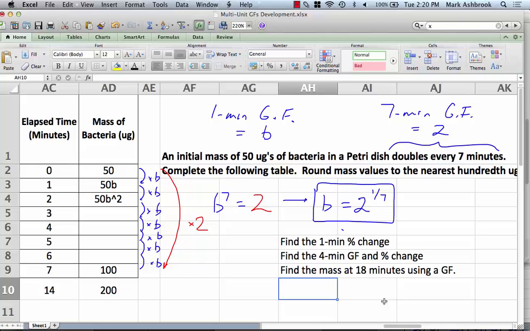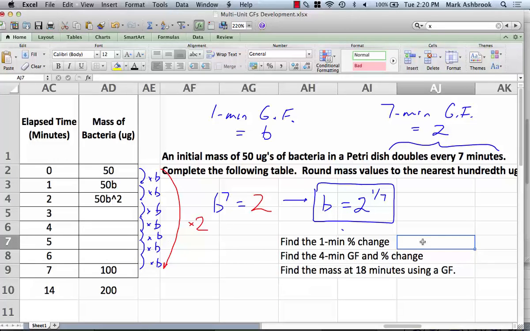Joe, were you able to get the 1-minute percent change? How'd you get it? Two raised to 1/7. So that's our 1-minute growth factor.